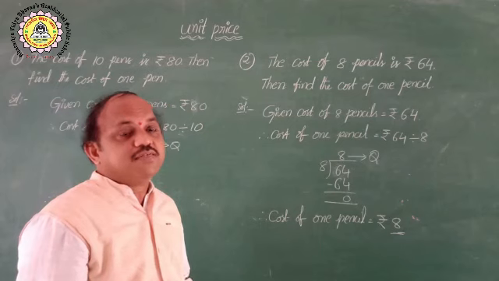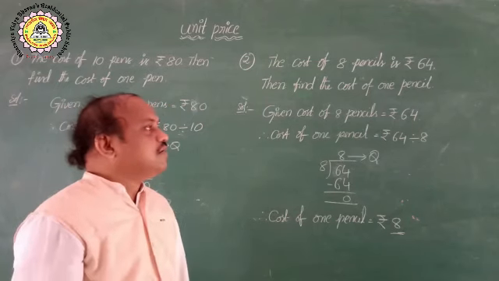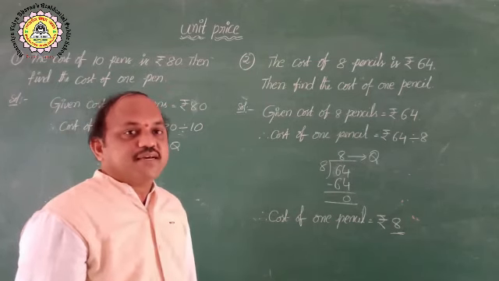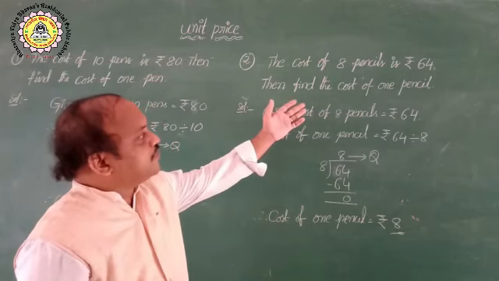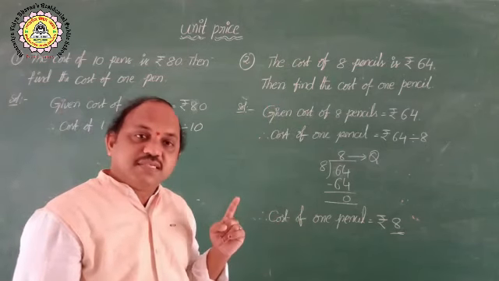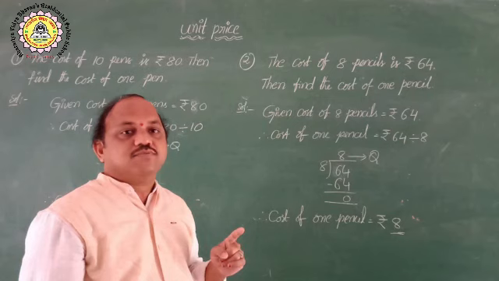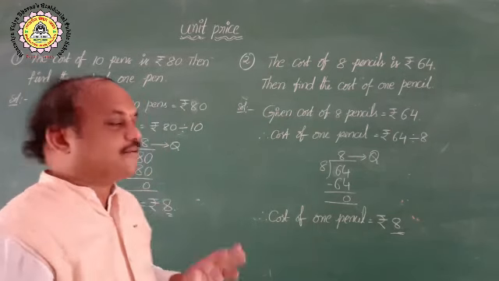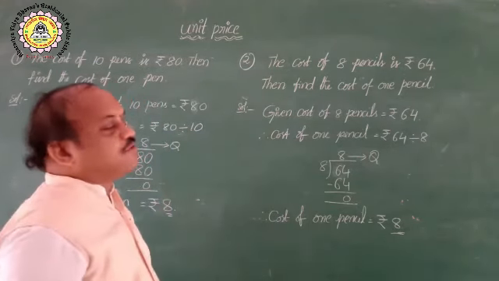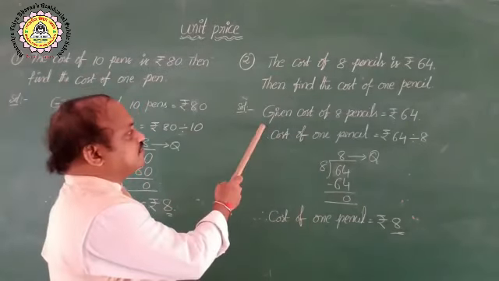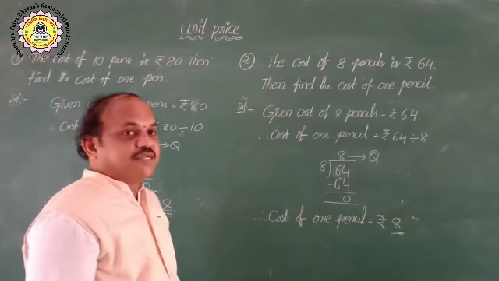How much is given? 64 rupees is given. And what were we asked here to find? Only 1 pencil cost we have to find. Understand? So by using this data we can write the statements for this question.